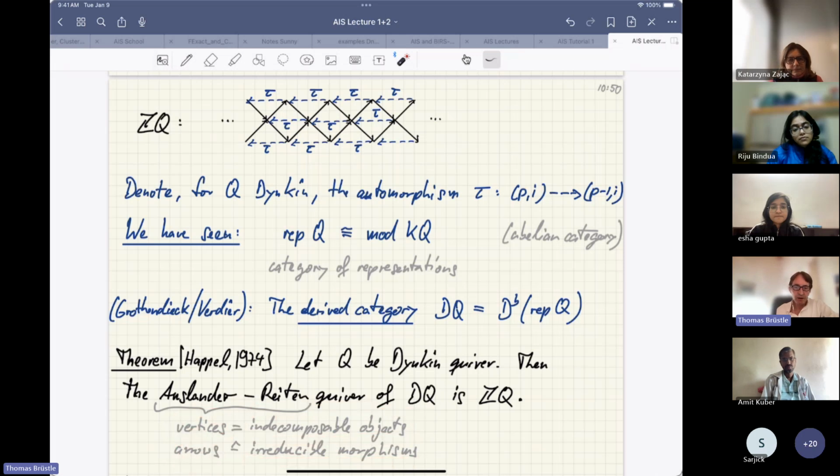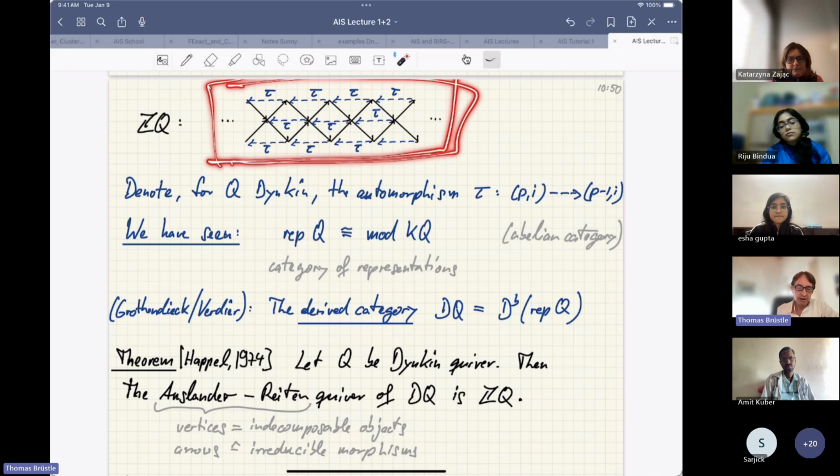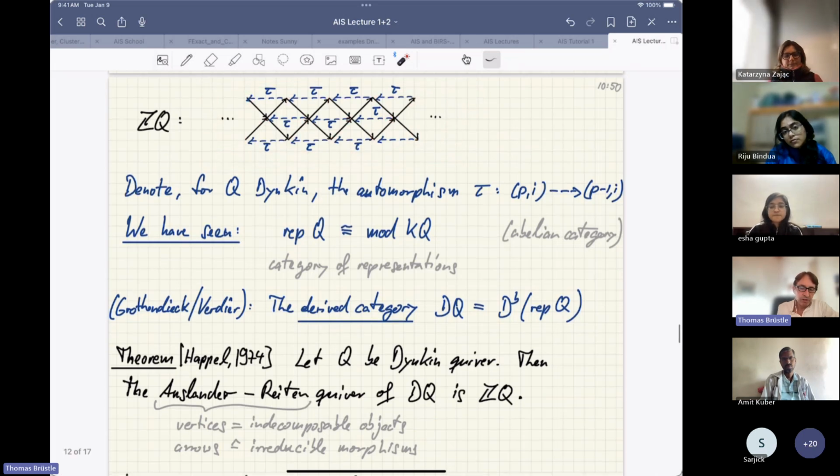So this is the picture of the derived category, in the sense that all the vertices correspond exactly to all the indecomposable objects in the derived category. And there are morphisms whenever there are arrows or compositions of arrows. The arrows correspond to morphisms that cannot be factored through other morphisms. They are irreducible, and all morphisms are obtained by composing those arrows. So this describes the whole category.